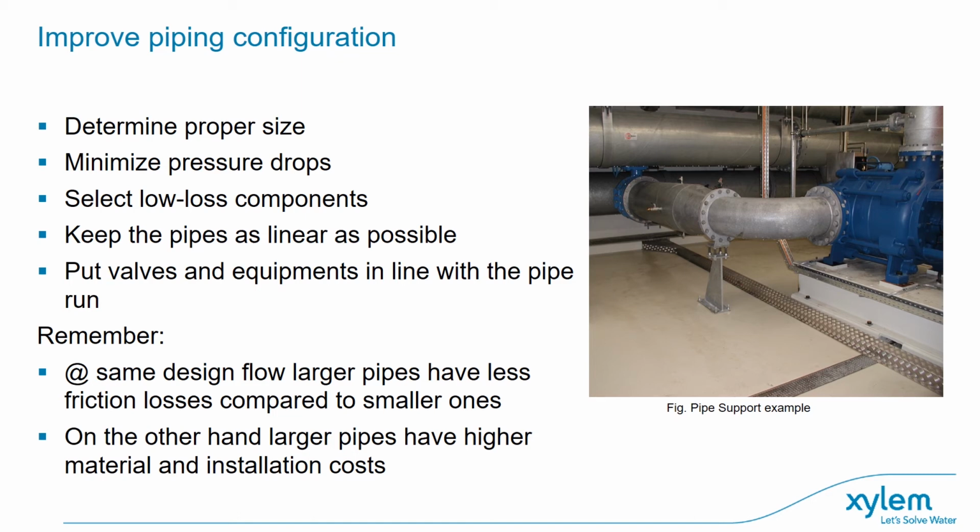The selection of low loss components, keeping the pipes as linear as possible, putting all valves and equipment in line with the pipe run. All these are methods and means through which you lower the actual required head by the system itself in order to operate correctly.